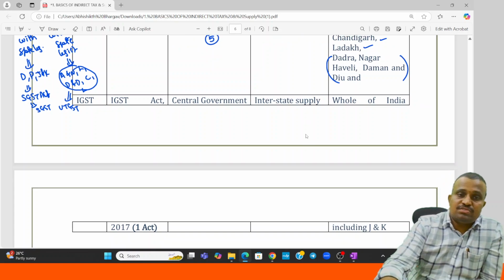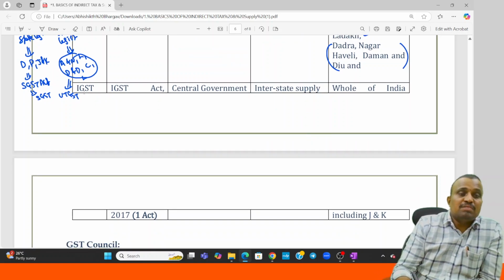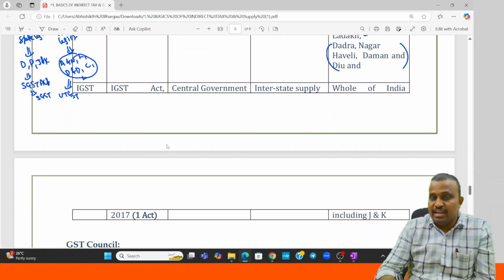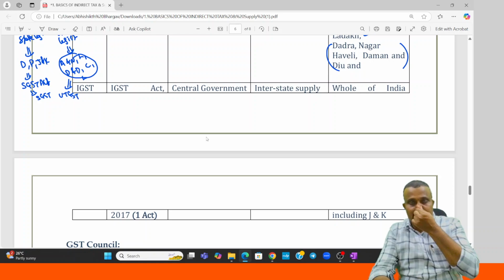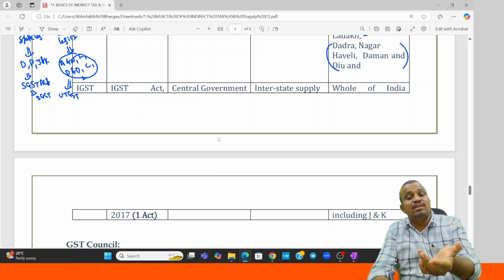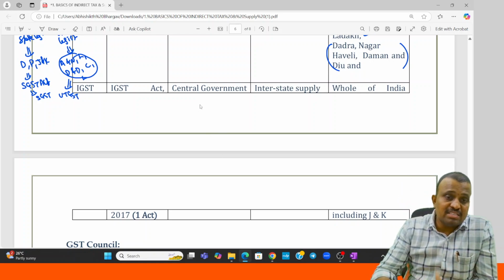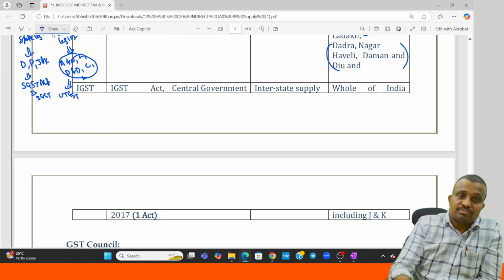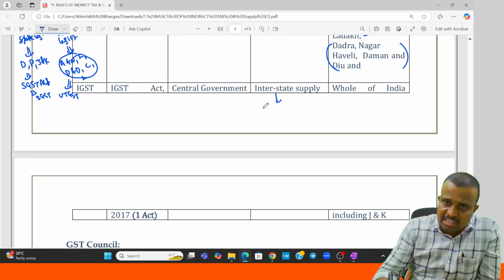Coming to IGST, IGST is nothing but Integrated Goods and Services Tax. It has been levied by the IGST Act 2017 and applies to the whole of India including Jammu and Kashmir, and it is applied on interstate supply. And IGST is levied by the central government. Remember, on interstate supply we levy IGST.